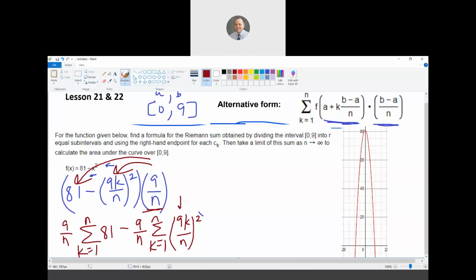I'm going to square out the 9k over n. So I'm just going to bring down everything else. And when we squared the 9, that would give us 81k squared all over n squared.